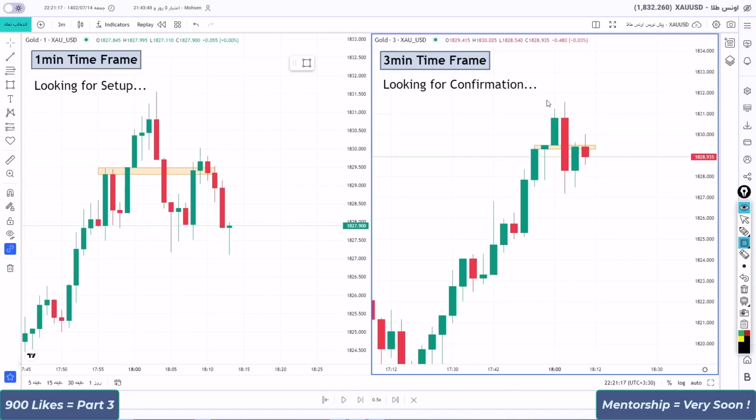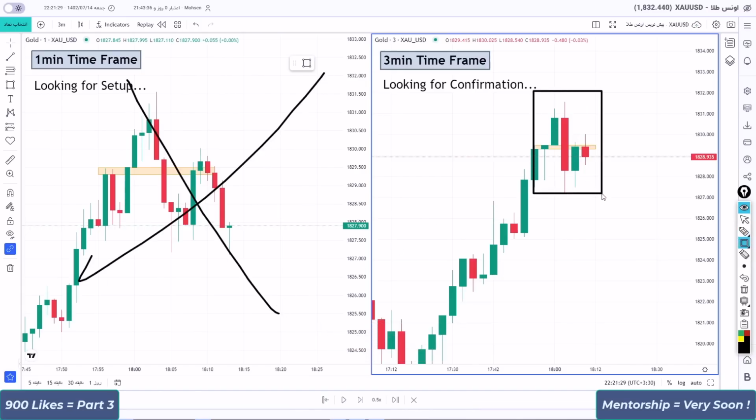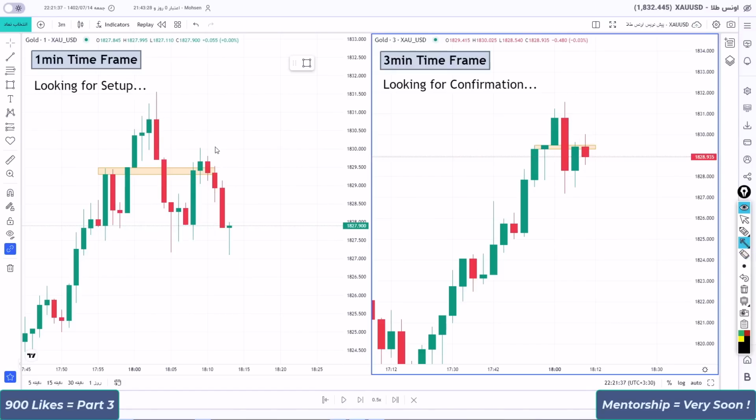Do you remember how many types of engulfs we had? This is the good one, right? And now, if we want to take an engulfing trade on this chart, and forget about this one, is this a takeable trade? Yes, it is. Is this the same trade as this QM level at the lower time frame?